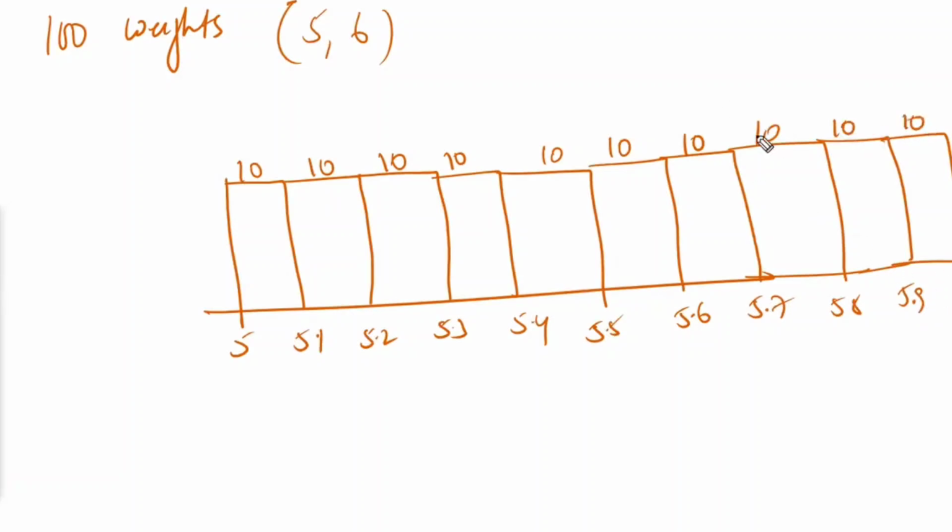So equally, if you draw the histogram, it is going to form the uniform distribution between 5 to 6.